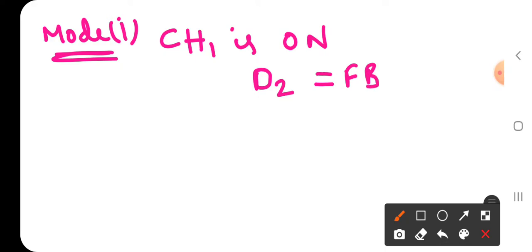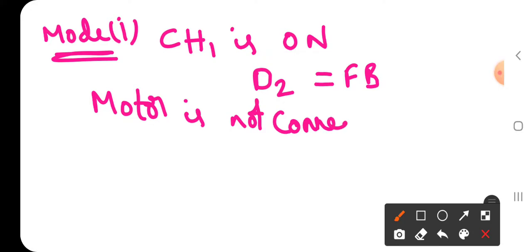When CH1 is on and D2 is forward biased, the motor is not connected to the source.